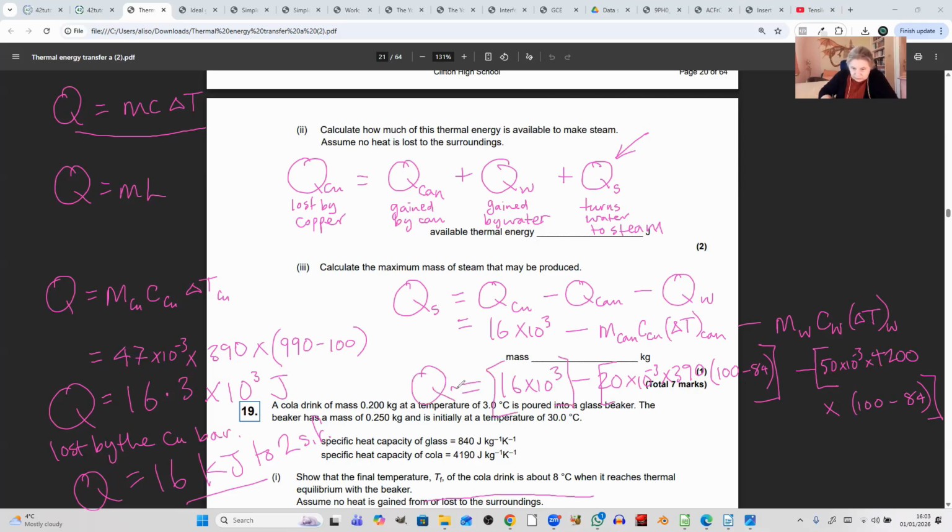That is the sum we've got to do. Can you see how complicated it is? You have to be really clear about what's going on. So constructing this equation is your key.